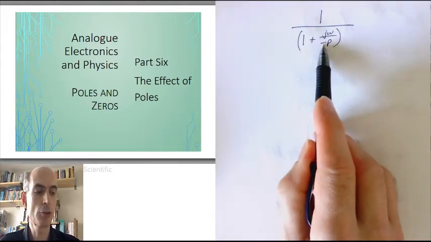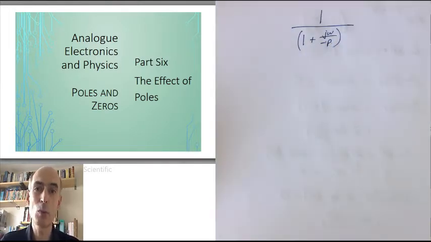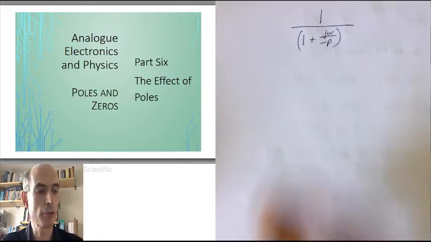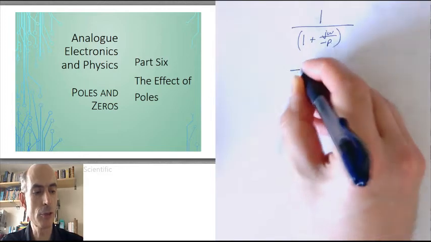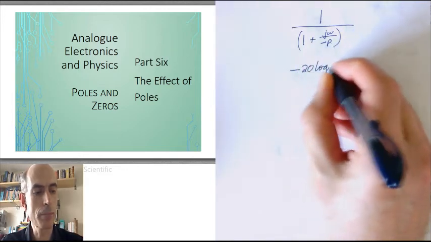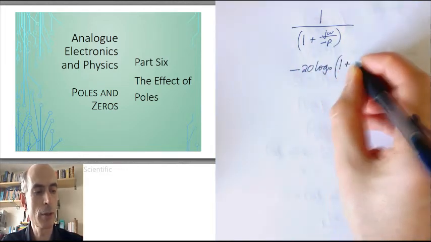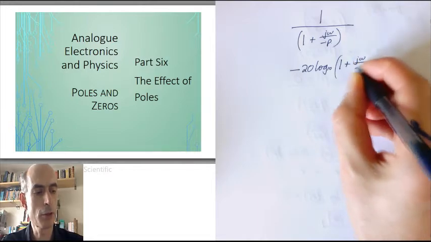Again, I'm choosing to write minus p because when we determine what these pole values actually are, we'll almost always find that they're negative. If we express the effect of poles in terms of their decibel contribution to the amplitude response, that would give us minus 20 log 10 of the modulus of 1 plus j omega over minus p.